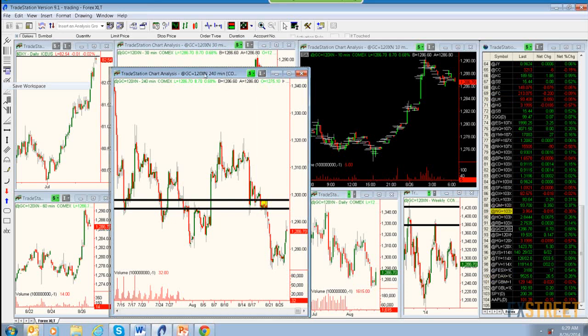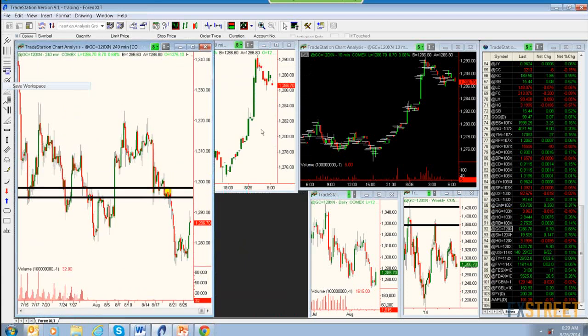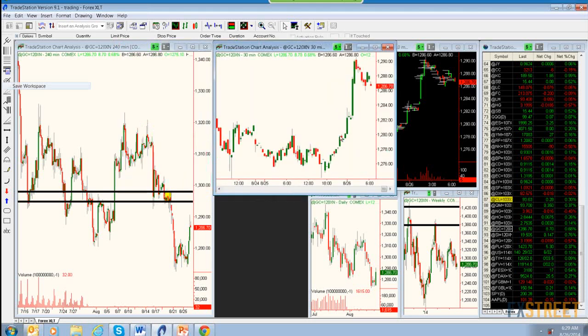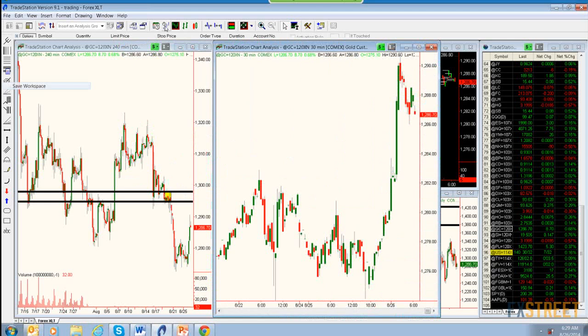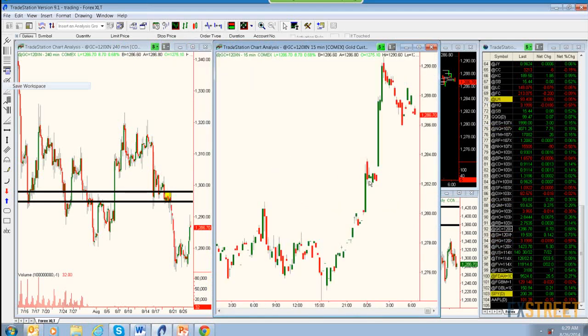Now, that's not far from entry, actually. Let's pull this chart over here and find that easy money profit target. So let's say we've got some demand right here.